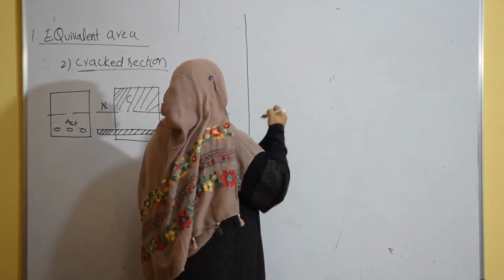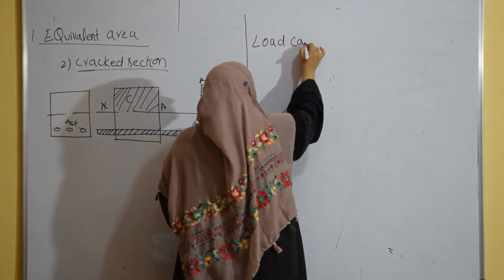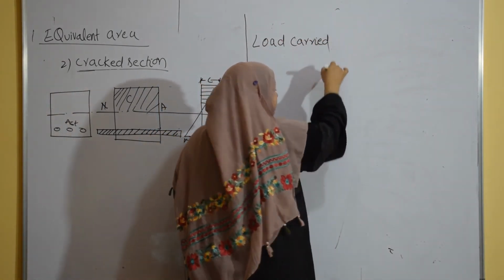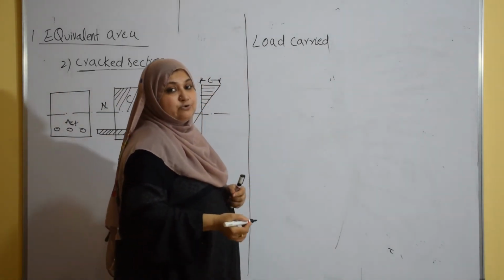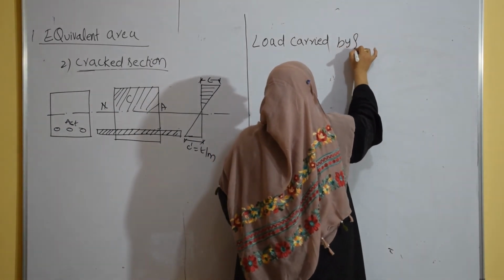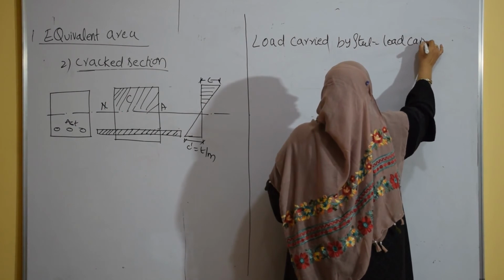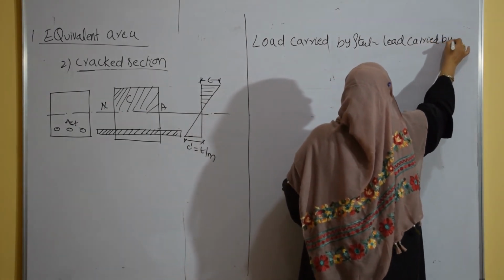With this logic, we will get the formula to convert the steel area into equivalent concrete area.